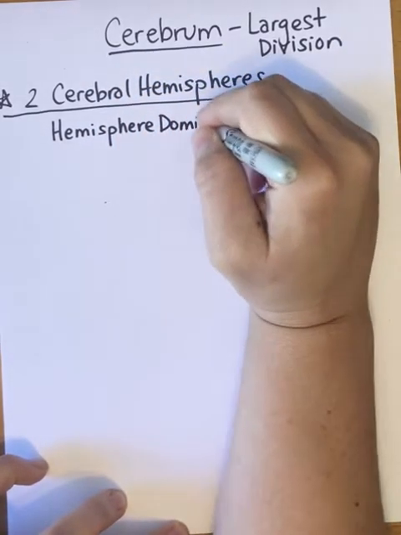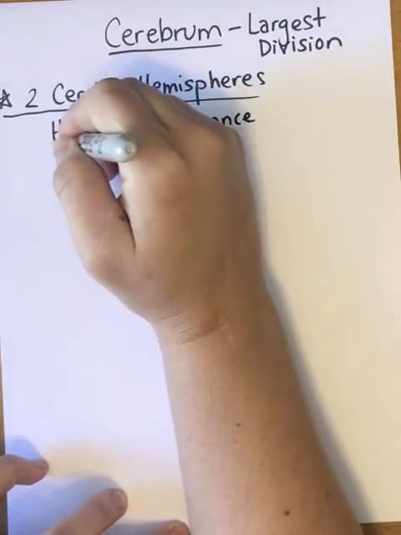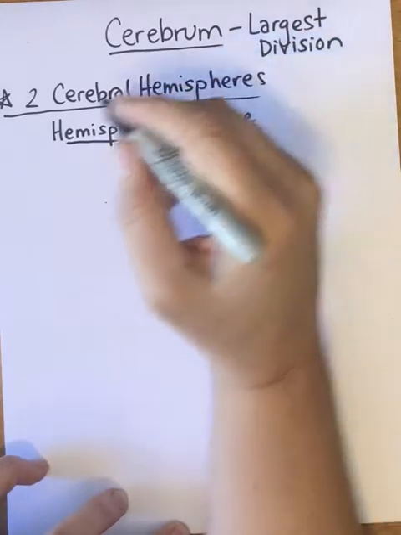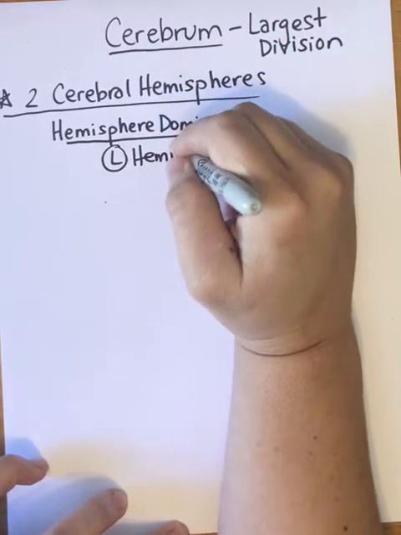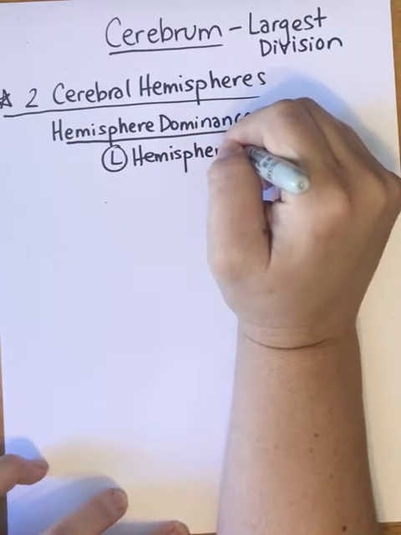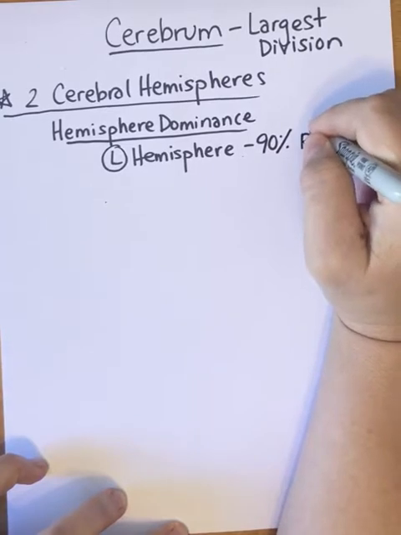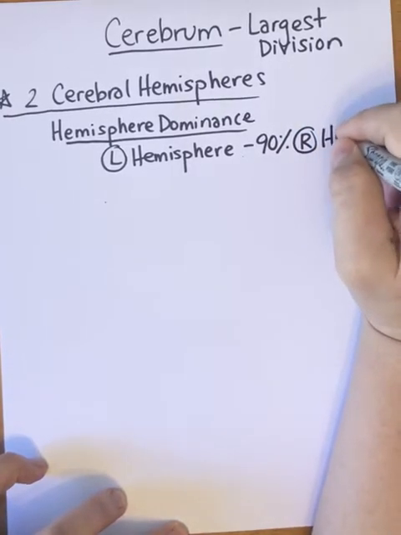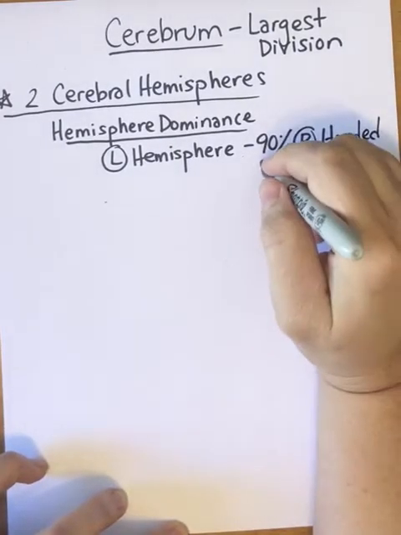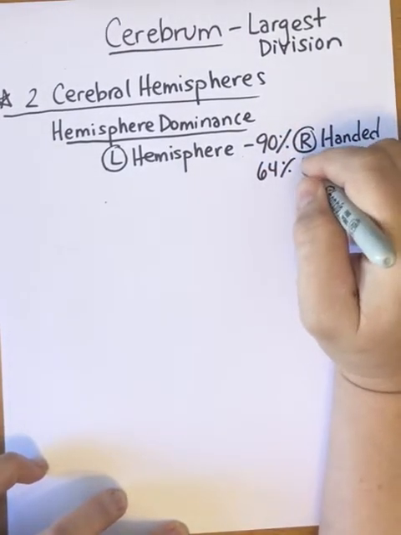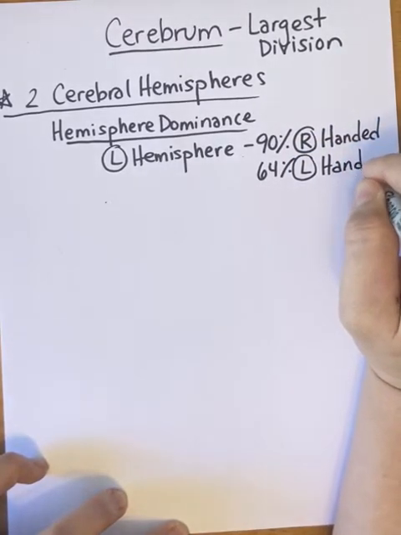Most people are going to be left hemisphere dominant. 90% of right-handed individuals are left hemisphere dominant, and 64% of left-handed individuals are left hemisphere dominant.